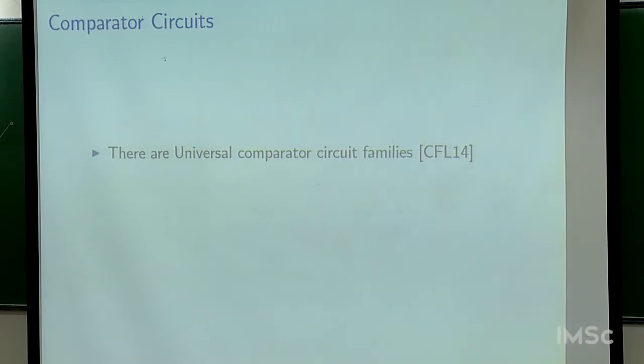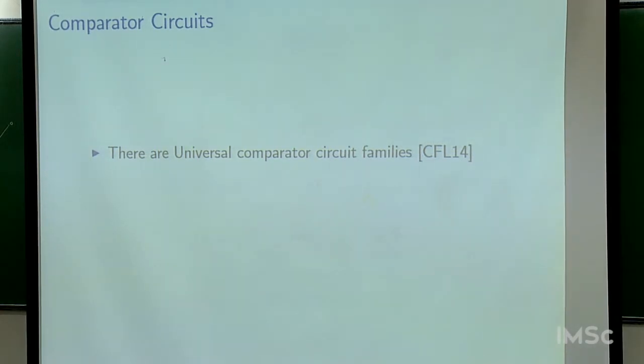There has been some recent work on comparator circuits by Stephen Cook, Yuval Filmus, and Lê in 2014. They show that there exist universal comparator circuit families. What are they? There is a comparator circuit family that, when given a description of a comparator circuit and an input to that comparator circuit, will output what the input comparator circuit will compute on that input.